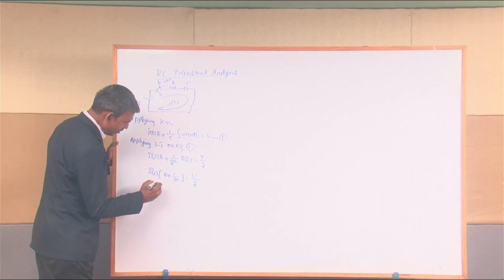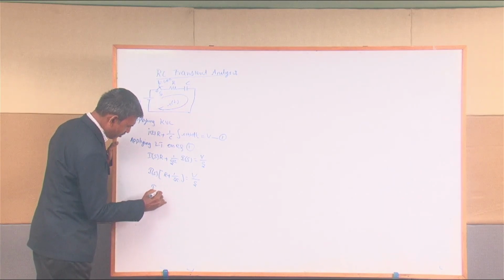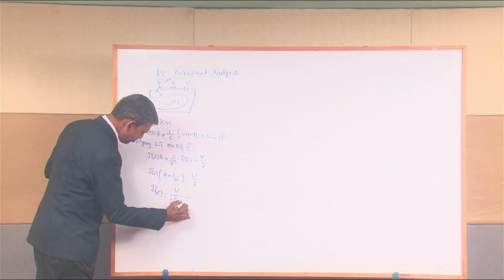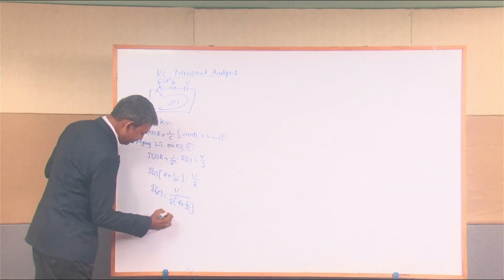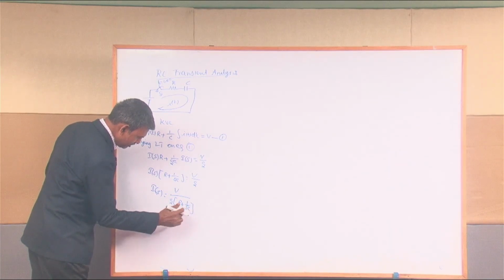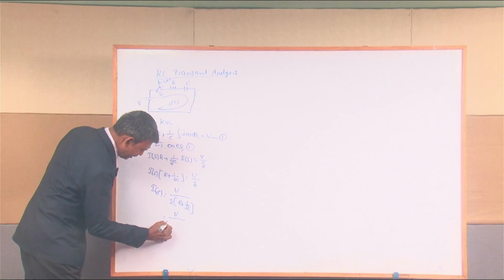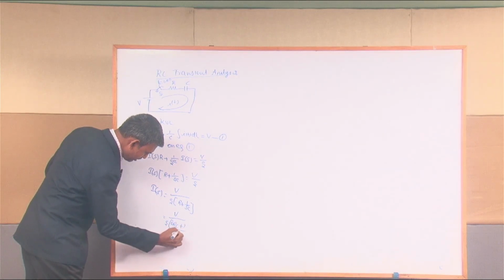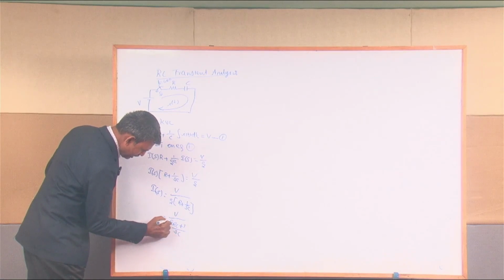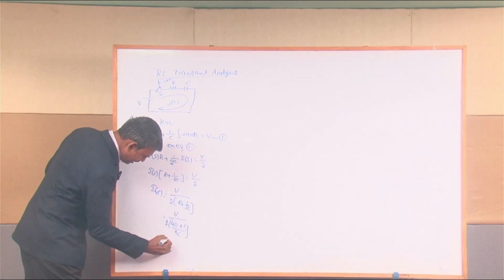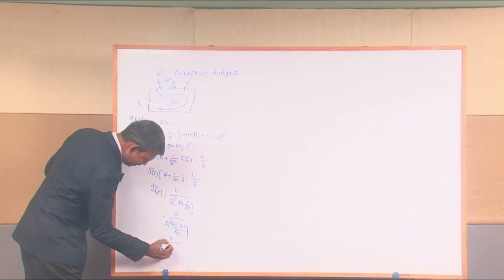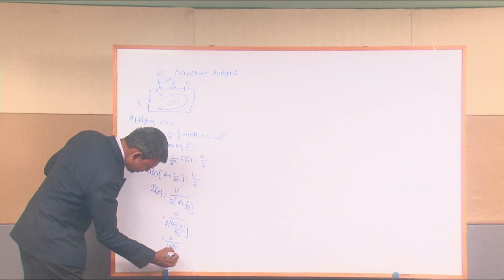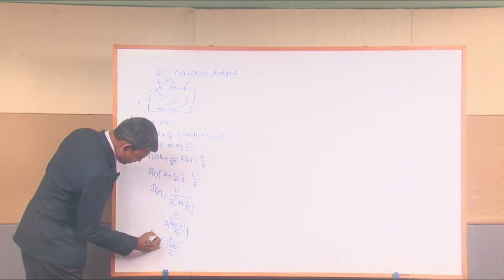So, we need I of s. I of s is equal to V divided by S into R plus 1 by sC. Taking the LCM of this term, V divided by S into RC plus 1 divided by SC. The S will be cancelled, remaining V divided by 1 plus SRC divided by C. So, this is I of s.